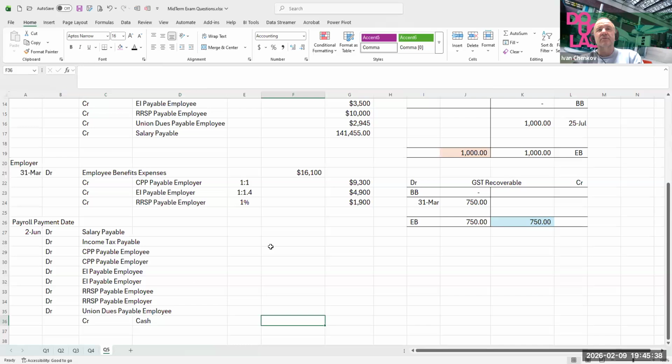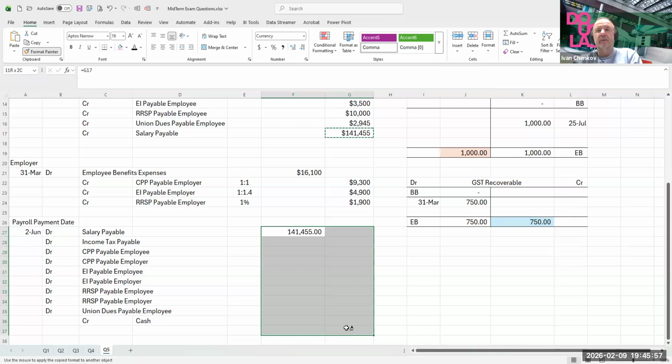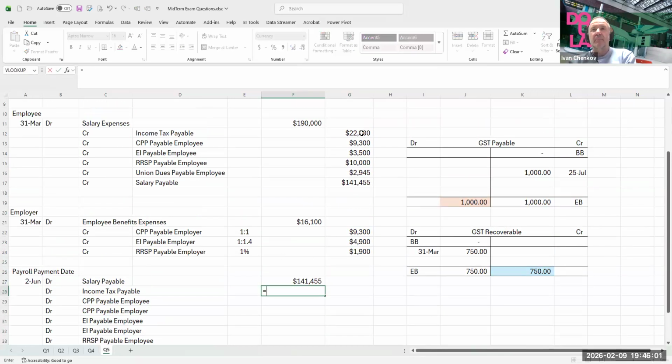So how much does the company have to pay? The company has to pay this one first. Let's format this to be the same. Then they're going to pay this. Then they're going to pay this. Then they're going to pay that one one more time.